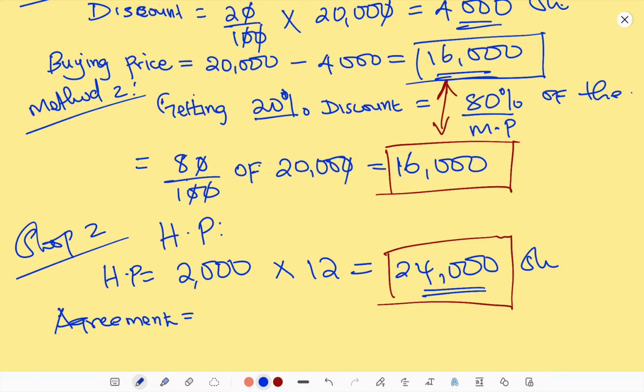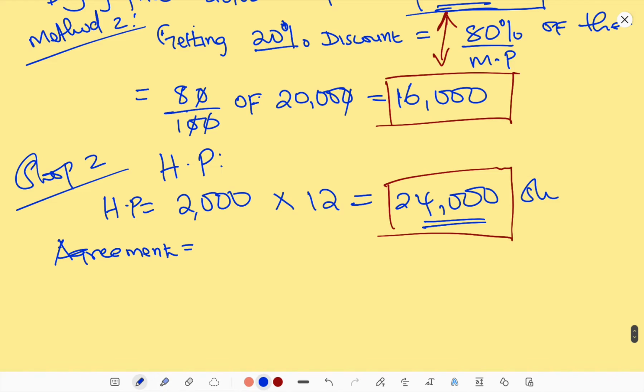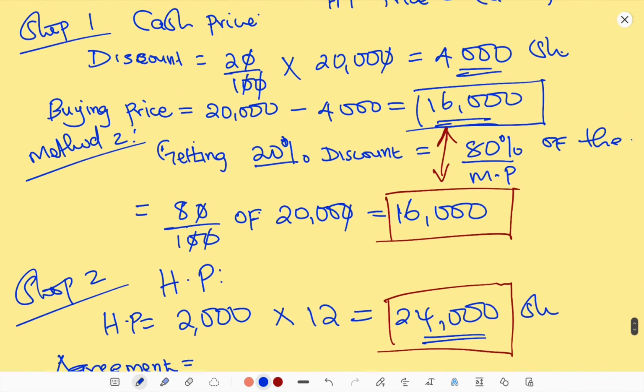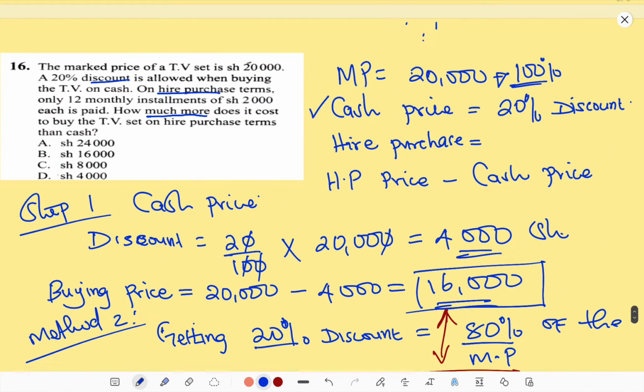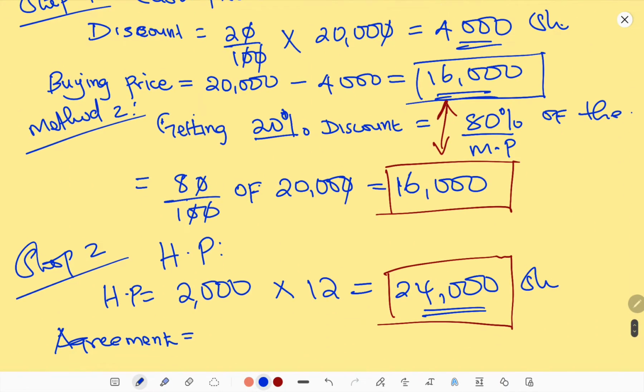In this case, you pay 2,000 every month for 12 months. After you are done with the 12 months, you have paid for the whole thing. The monthly contributions we call installments.